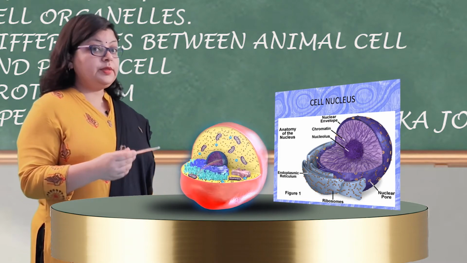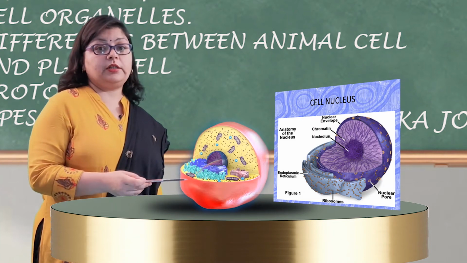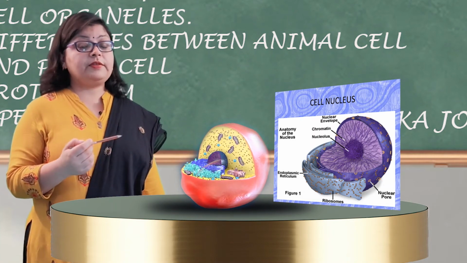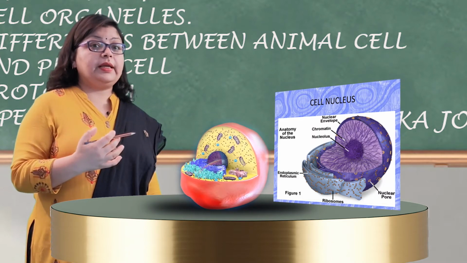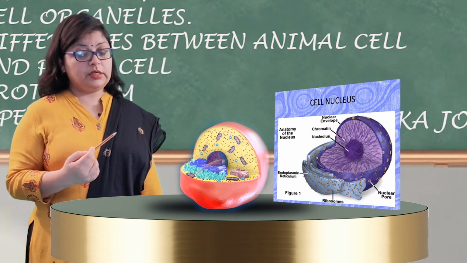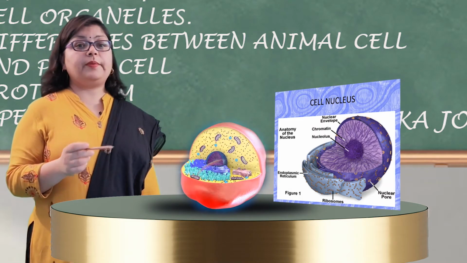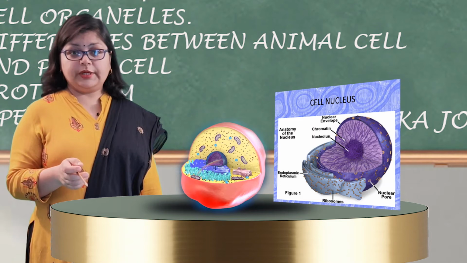These chromatin fibers are a very important part of the nucleus, because during cell division they become condensed and become chromosomes, which carry the hereditary material from the parents to the offspring.